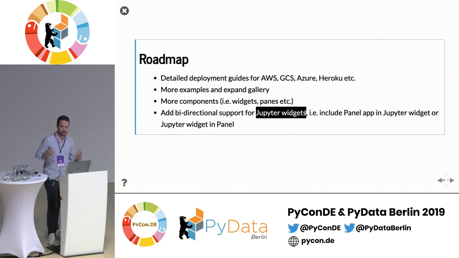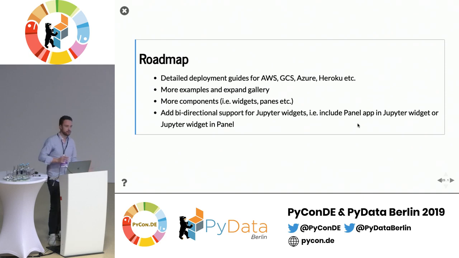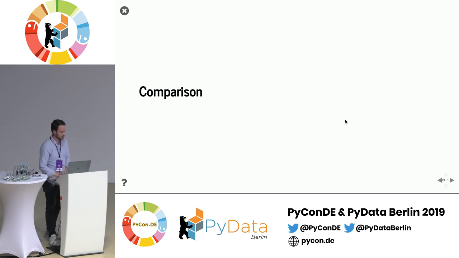So the idea is that not only are you going to be able to put your Panel app inside a Jupyter widget and then deploy it using some of their solutions for dashboard deployment, but you're also going to be able to put Jupyter widgets inside Panel to reuse that ecosystem. So that's something we want to do.